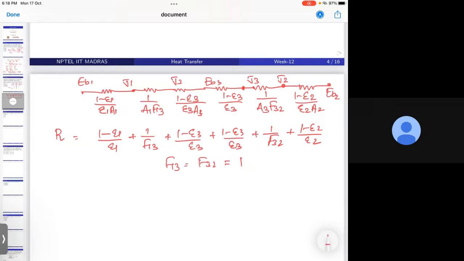Whatever radiation is emitted from one surface reaches the nearest surface. So these all are the same.